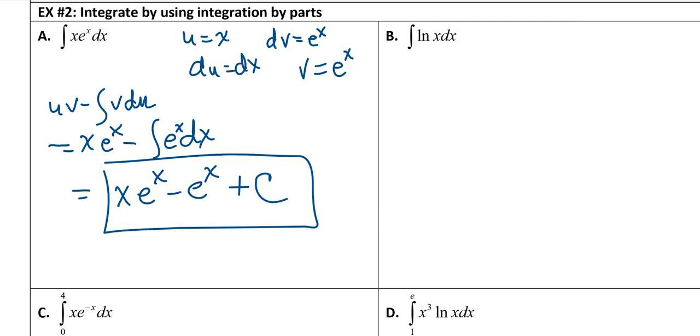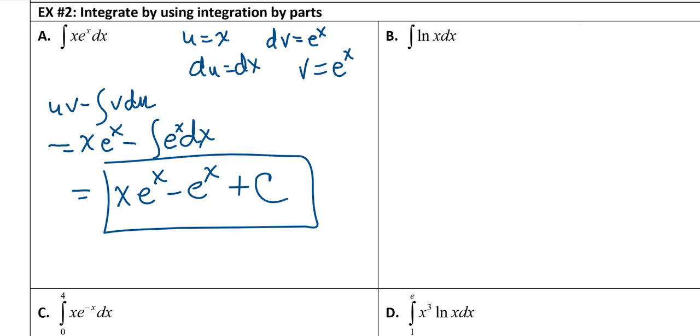Okay, so for letter B, you have one function here, and this is really how we find the integral of ln of x, which we've kind of avoided a little bit. So it looks like there's only one function there, but we can put a second function in there.